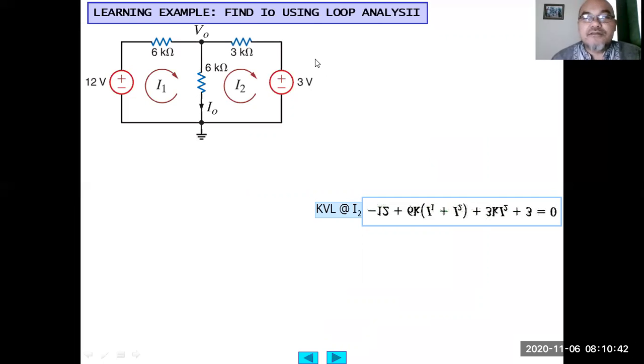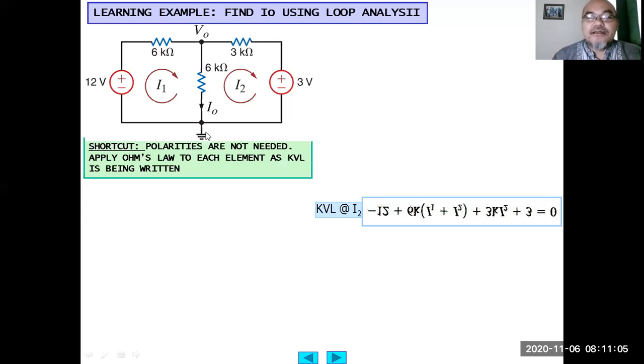Basically, it can also have three loops instead, but two meshes will be enough. So we have 6 kilo ohm here, 3 kilo ohm, 6 kilo ohm, and the question asks us to calculate I0, or I output, the current that flows through the 6 kilo ohm branch in the middle.